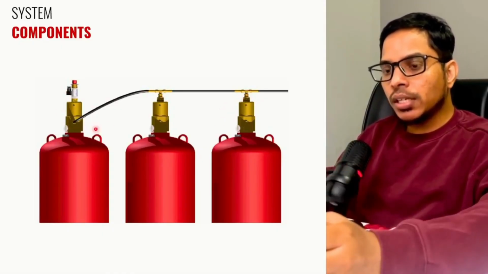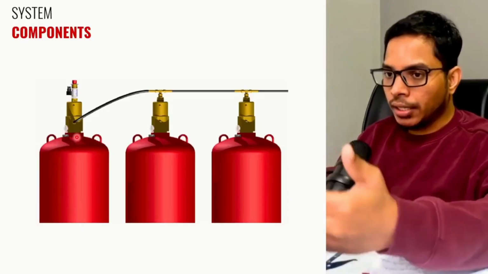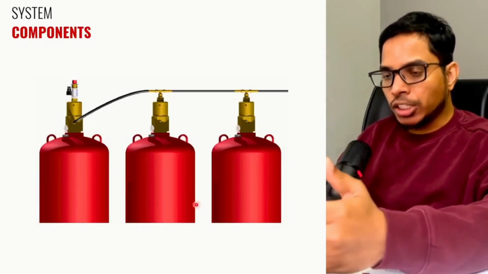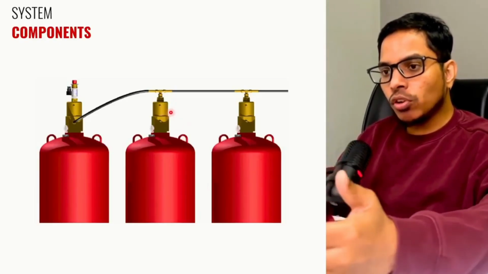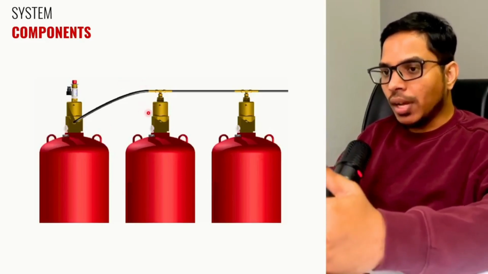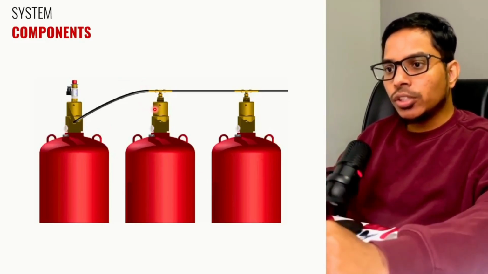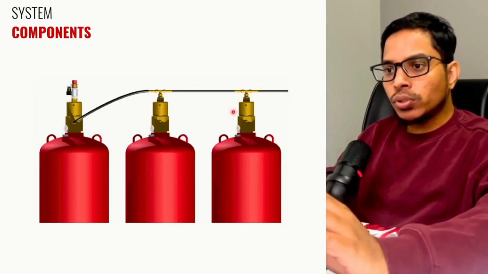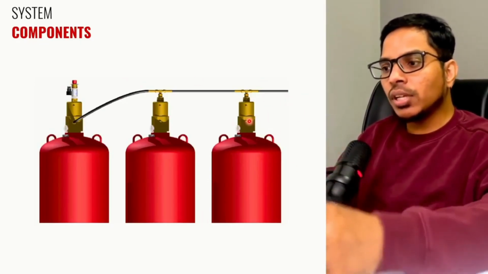So master cylinder can be manually or electrically operated, and the other slave cylinders will be actuated pneumatically by the action of the master container discharging. So pressure switches in this case should be located close to the last slave cylinder.